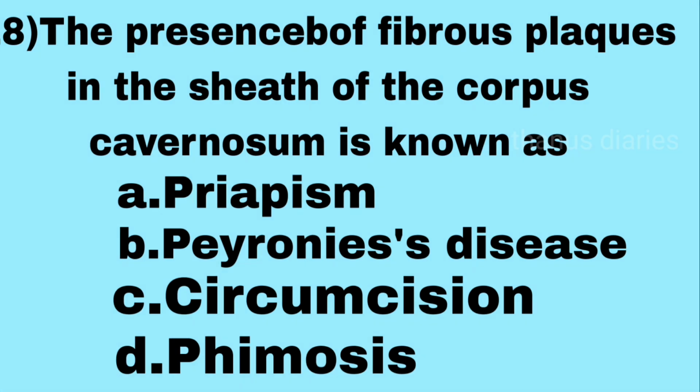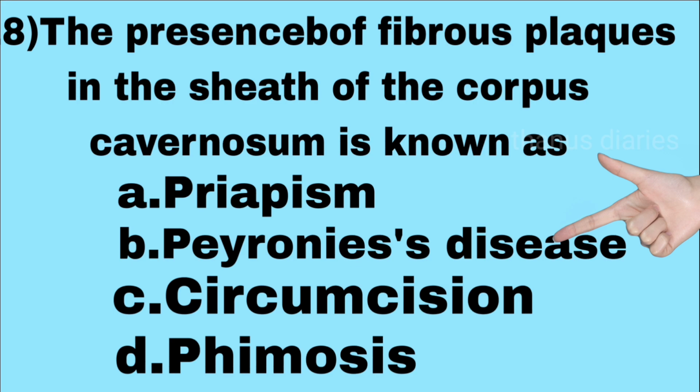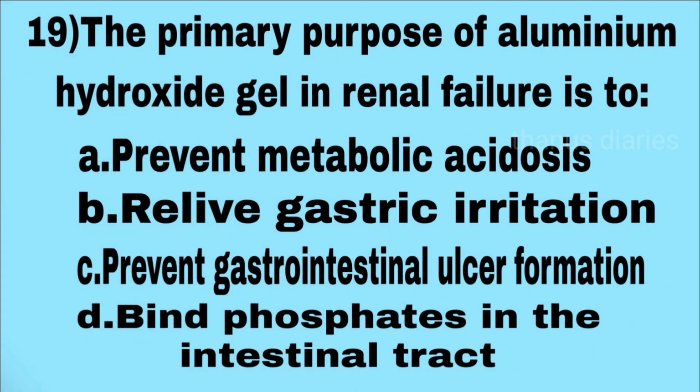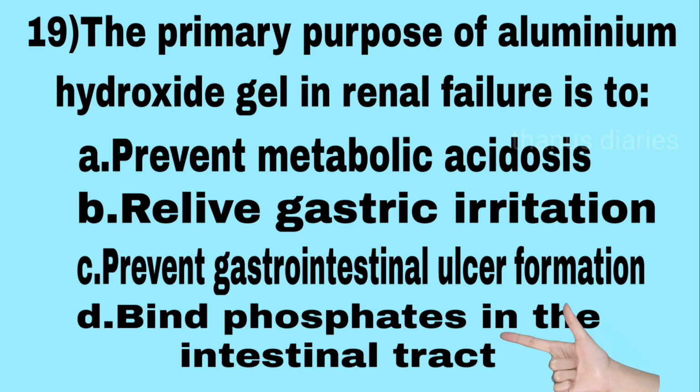Next question. The presence of fibrous plaques in the sheath of the corpus cavernosum is known as: priapism, Peyronie's disease, circumcision, and phimosis. Peyronie's disease is the presence of fibrous plaques in the sheath of corpus cavernosum. Next question. The primary purpose of aluminum hydroxide gel in renal failure is to: prevent metabolic acidosis, relieve gastric irritation, prevent gastrointestinal ulcer formation, or bind phosphates in the intestinal tract.